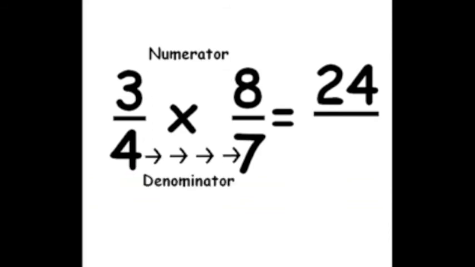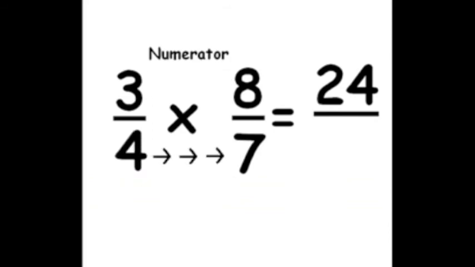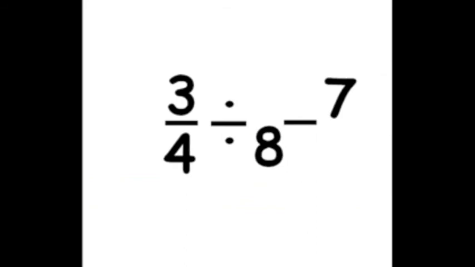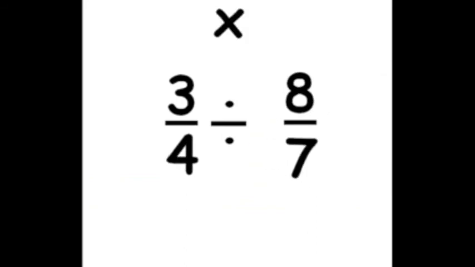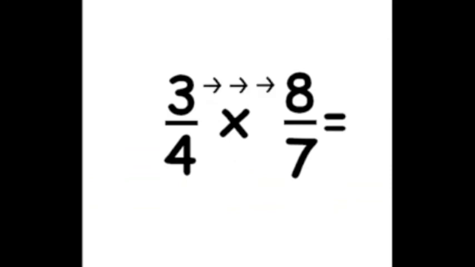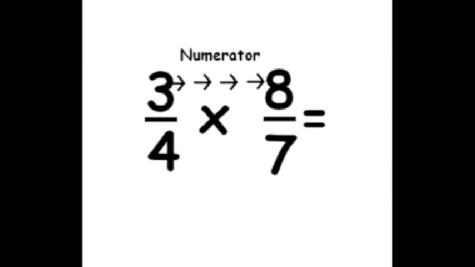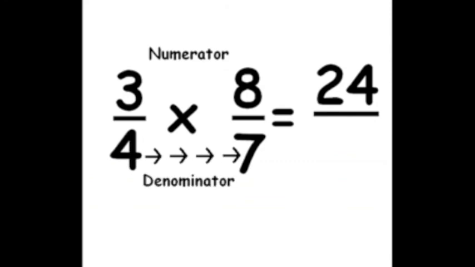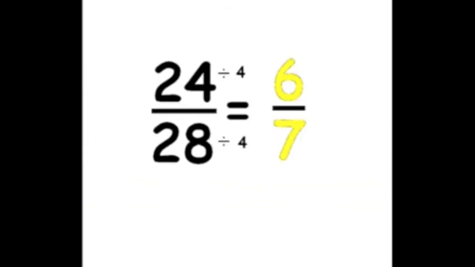Then the denominator times the denominator you multiply. Put your bottom number on the top, top number on the bottom. Then reduce to simplest form.